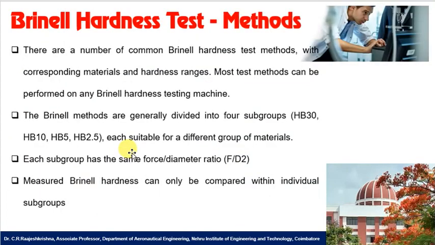There are different hardness test methods in the Brinell test. You can have different subgroups, that is HBW 30, HBW 10, HBW 5 and HBW 2.5. These are used for different groups of metals. Each subgroup has the same force and diameter ratio, and the measured Brinell hardness can be compared within individual subgroups.